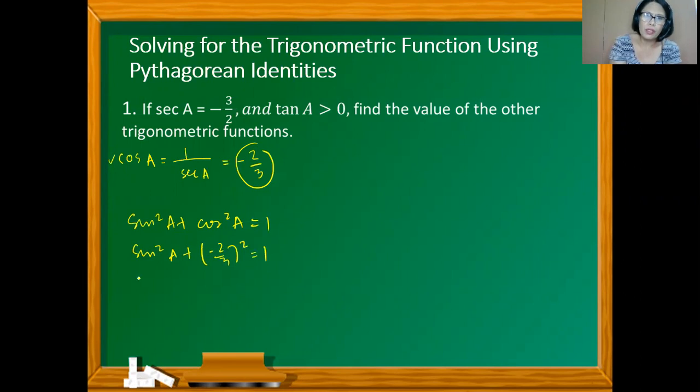Transposing this on the other side, we have sine squared A equals 1 minus 4 all over 9. And extracting the square root, we have sine A equals plus or minus, so this is 9 all over 9, so we have 9 minus 4, which is square root of 5 all over 3.